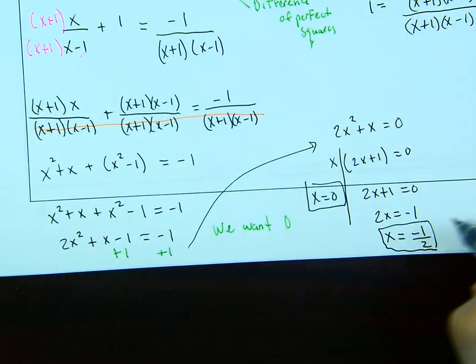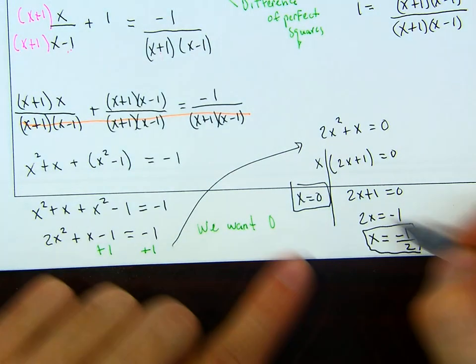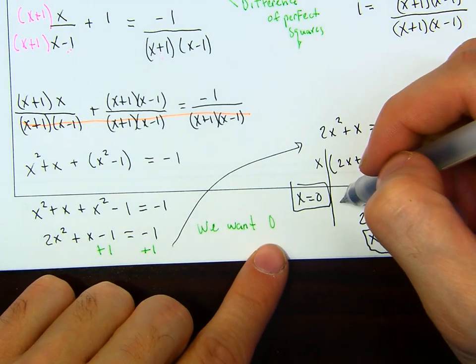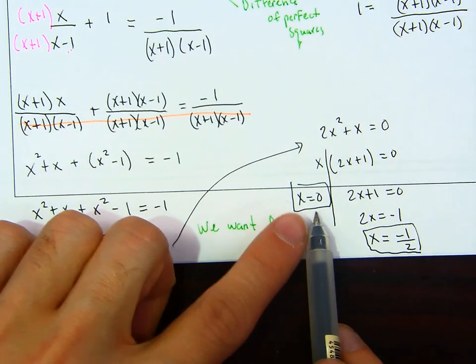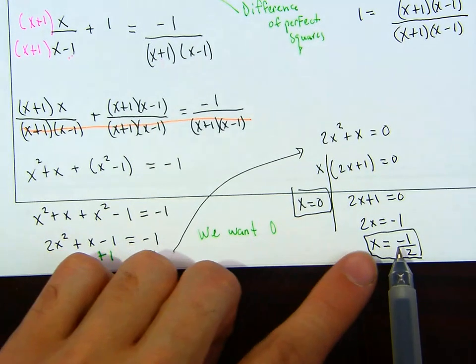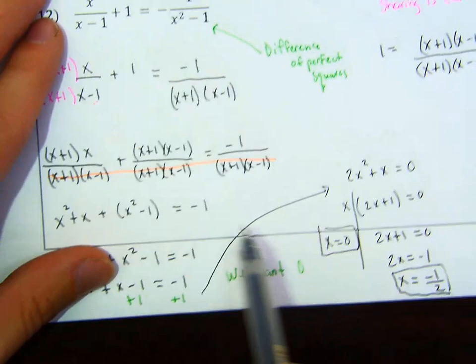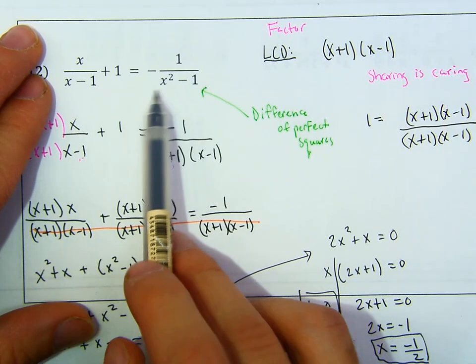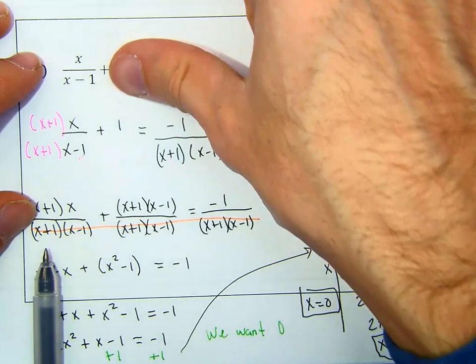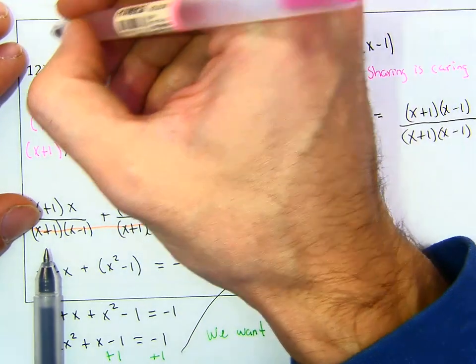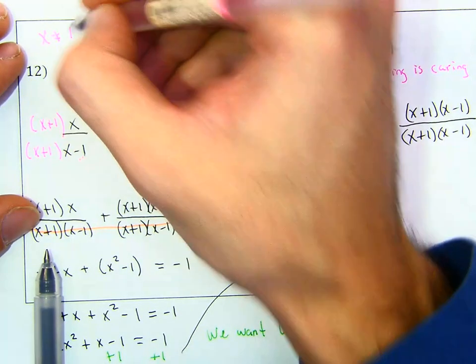Okay? So once you have this, how do you check, right? You have to check to see for extraneous solutions. Is x allowed to be 0? Is x allowed to be negative a half? Well, let's take a look at this. Here, when you look at this over here, x cannot be 1.